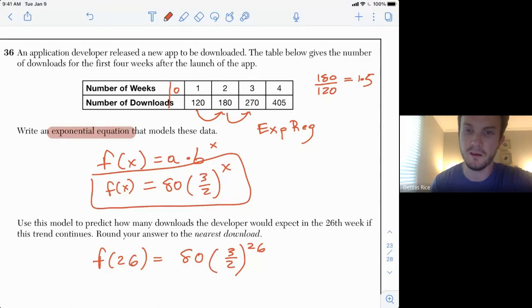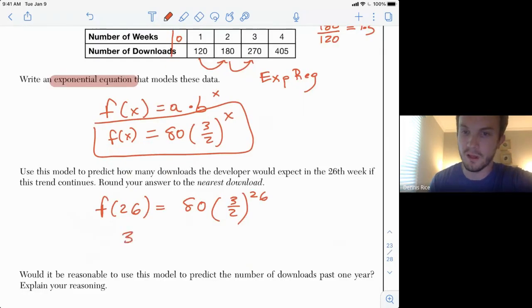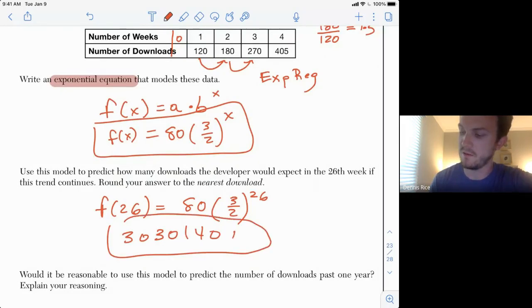What do we get? To the nearest download, so the nearest whole number, we get 30,030,140, and that's like 0.19, so that many downloads. Downloads, abbreviate. 30,030,140.